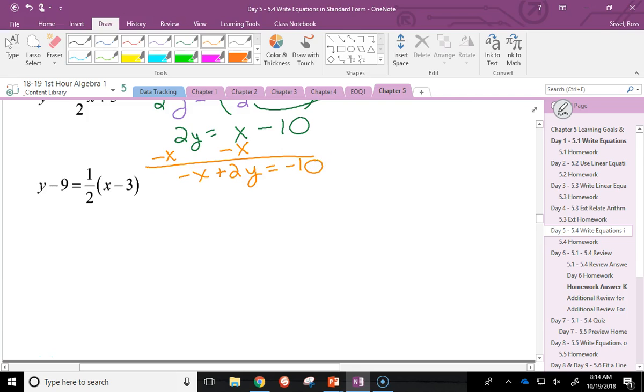But remember, our first term, the a in front of the x, has to be positive. So now it's like I'm taking all of this times -1 and this times -1. And so then I would have x minus 2y equals 10.